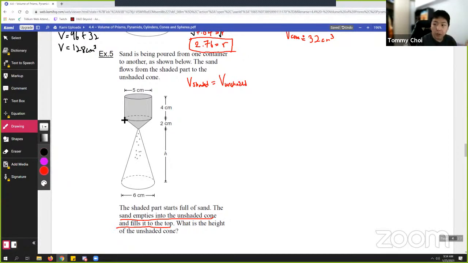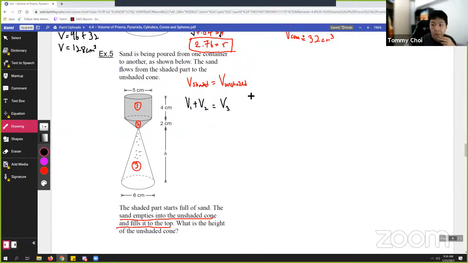Now, how you want to label this is up to you. I see three shapes, right? I'm not going to work with shaded and unshaded. That's going to be a nightmare. I'd rather work with three shapes and I'll add volume 1 and volume 2 as my shaded area. So instead of saying volume shaded, I can say volume 1 plus volume 2 is equal to volume 3.